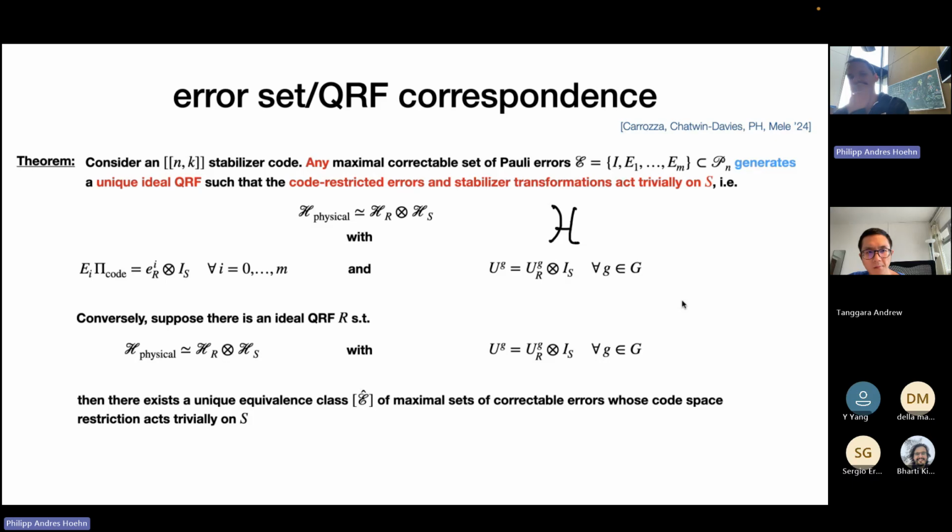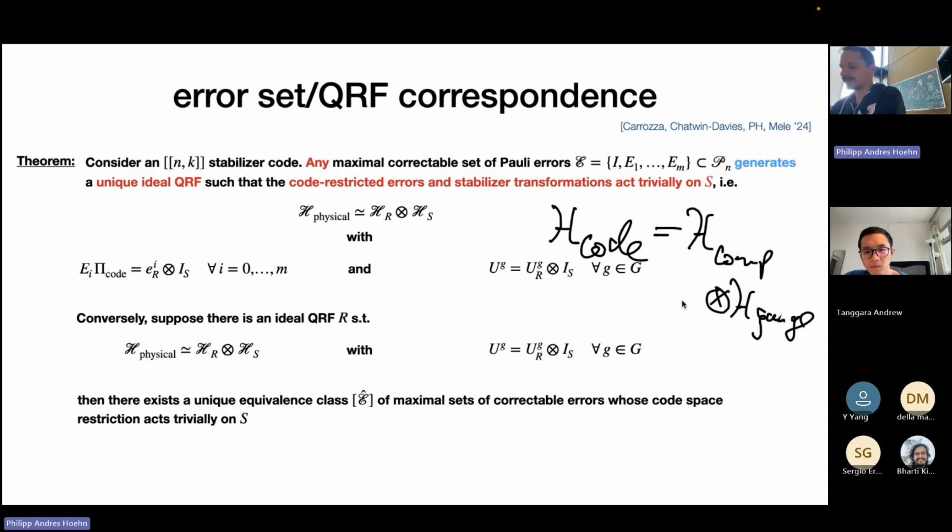Basically, you can think of the codes we're looking at here as subsystem codes with a trivial gauge part. When you talk about subsystem codes, you have that it's somehow H code tensor H gauge. But the important thing is that it's a factorization of the code space, not of the physical space. In our case, you can think of the codes we're dealing with as cases where this is just C, so just one-dimensional.